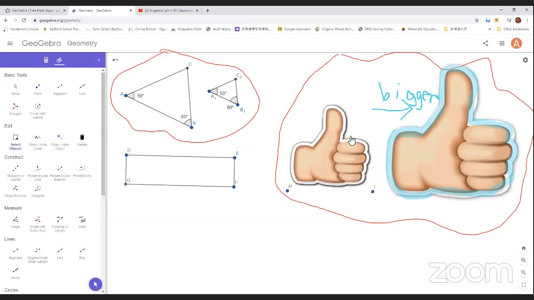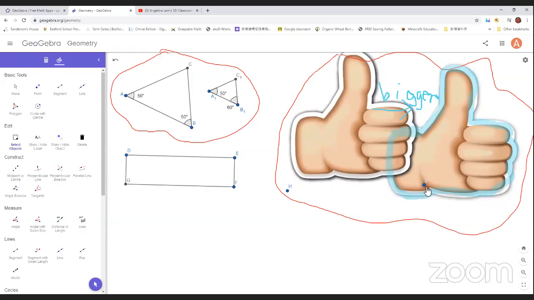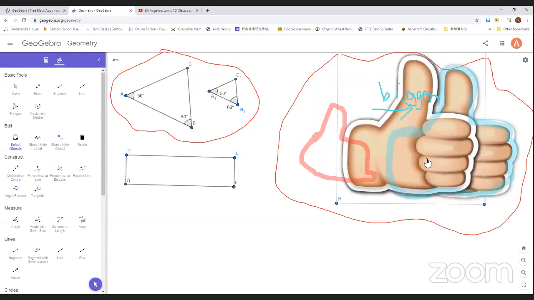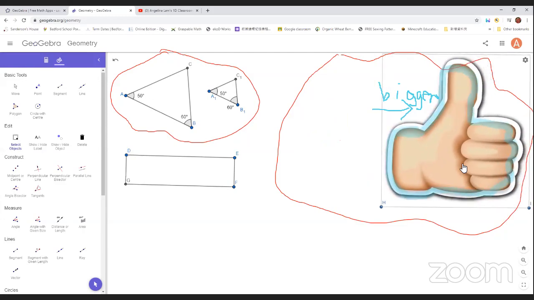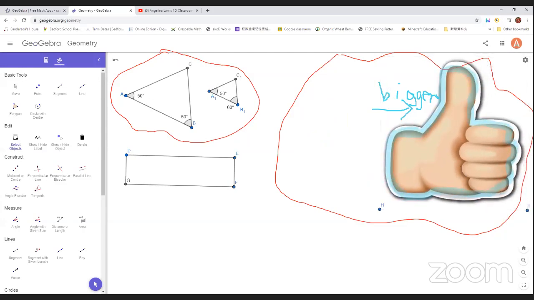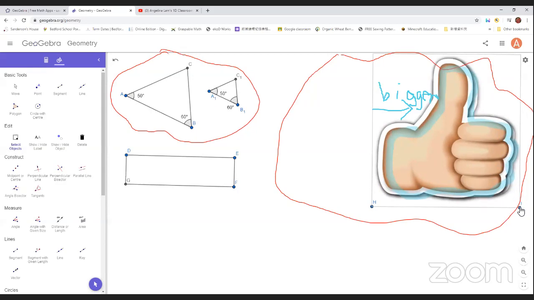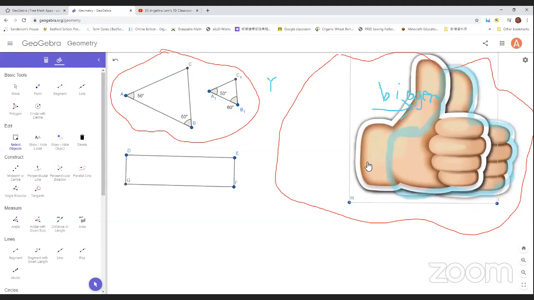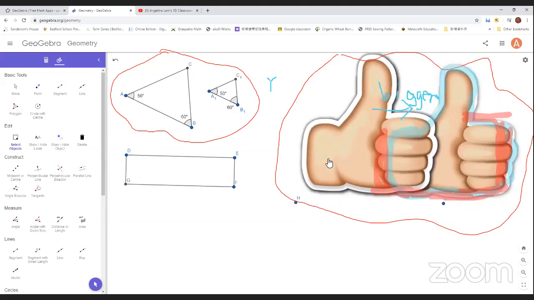But later you may think about, is this the case that when we change the size, can we always have similar figures? Do you know what I mean? If we change the size of something, can we always get similar figures? If I look at this one, how about this one?